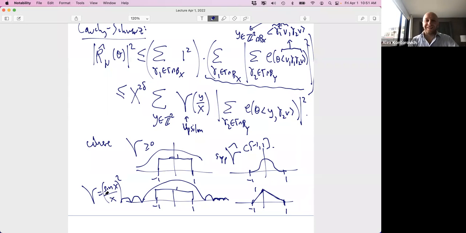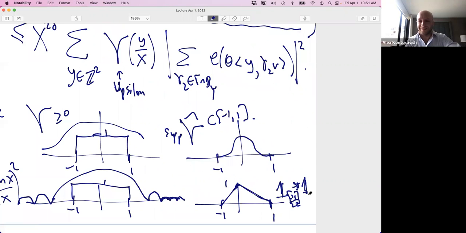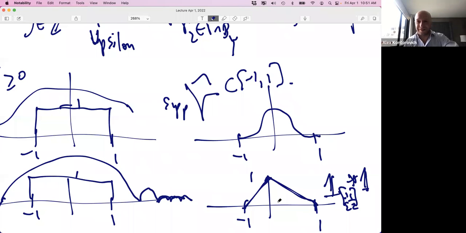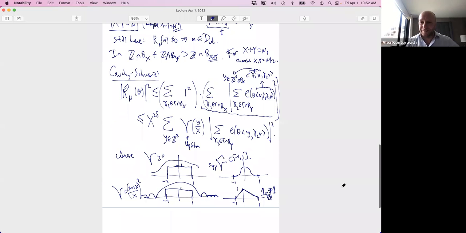Why is this a square? It's like what we did about Fourier transforms, convolutions versus products on the other side, right? Exactly. This is an indicator function of an interval, from minus a half to a half, convolved with itself.